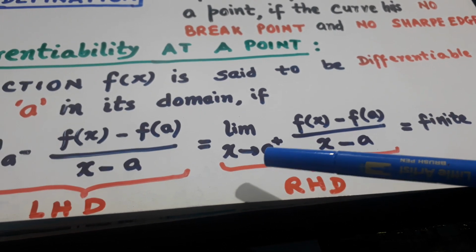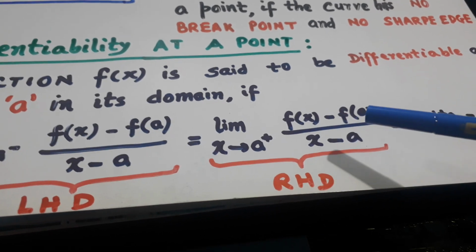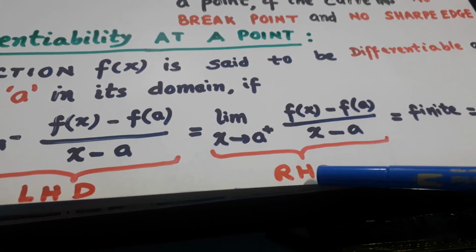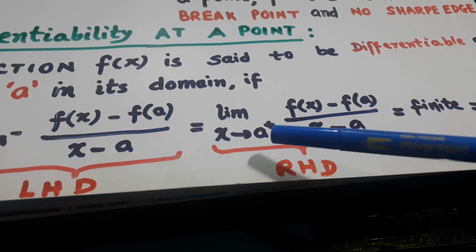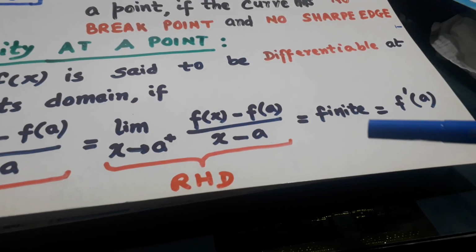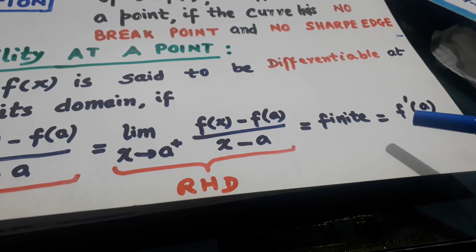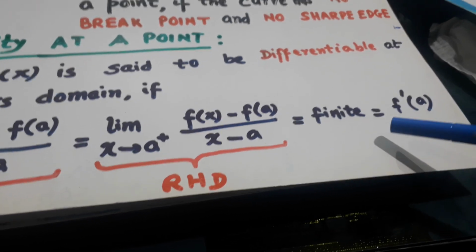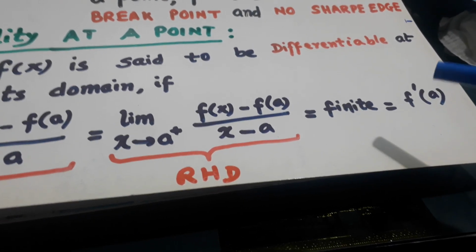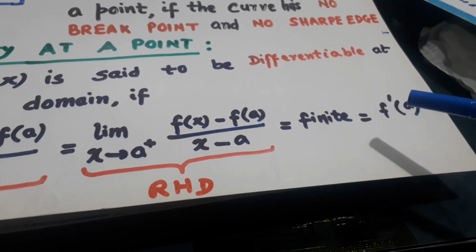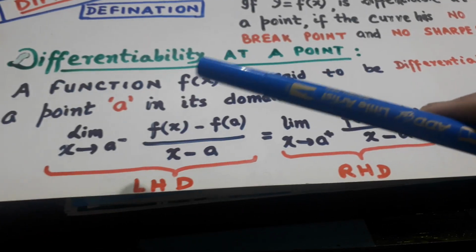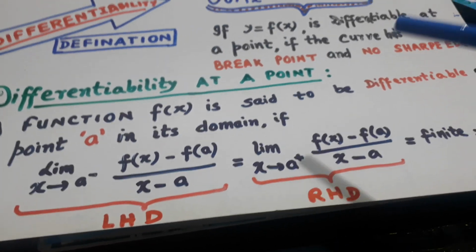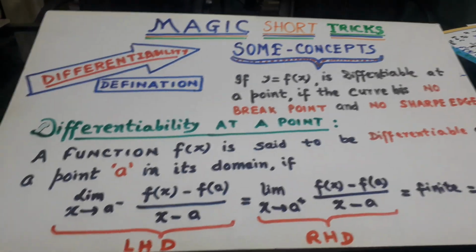Limit x goes to a plus of f(x) minus f(a) over x minus a is the right hand derivative. It is a plus here. Both are finite, and they can also be written as f dash a, the derivative at point x, put a, at x = a. So this is what I wanted to teach you today.